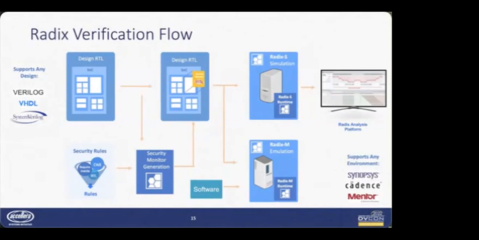Any violations of the security requirements defined by the rules are reported in the simulation log and the waveform database. The violations are then debugged in the Radix GUI using the waveform database, and this will be shown further in the demo. The security monitor can also be used to verify security requirements when running hardware and software together in emulation.